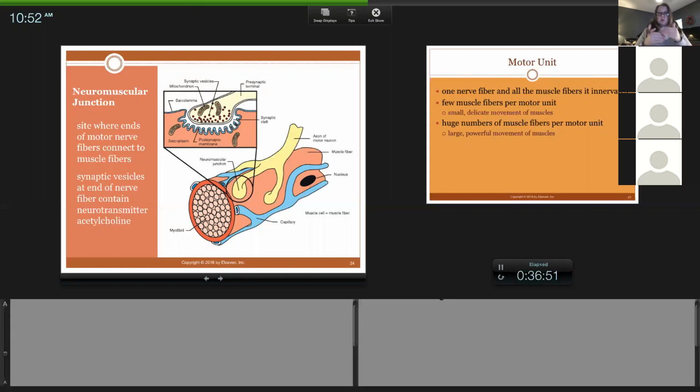Acetylcholine is going to trigger a reaction with calcium in the muscle cell, and then calcium is what initiates, but it starts with acetylcholine, which is how the signal gets from the presynaptic membrane to the postsynaptic membrane. And that's that wave of depolarization that gets sent from the brain. Okay.